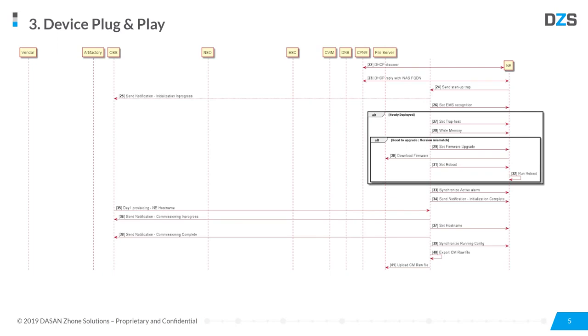We will get a notification. Then INAS lets the flow switch reboot, and the flow switch reboots to apply the new firmware. The flow switch is booted up again and starts the steps from 12 to 24 again. When the flow switch boots up again, it will send a startup trap again, and INAS will send the set recognition.